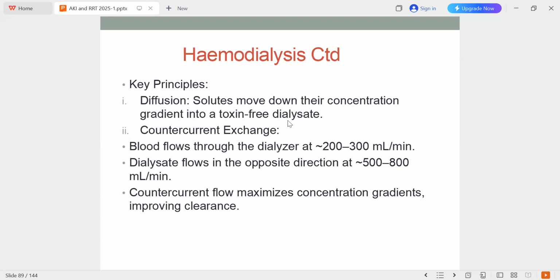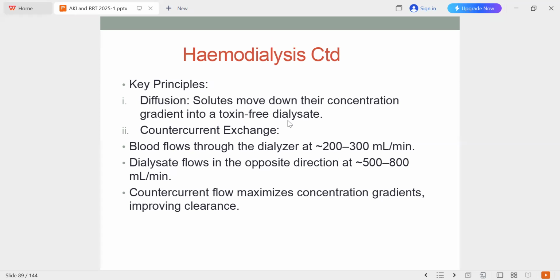The key principle of hemodialysis is diffusion. Solutes move down their concentration gradients from a high concentration region to a low concentration region, and the low concentration region is the toxin-free dialysate.